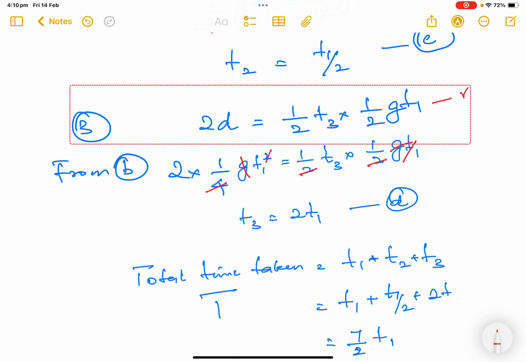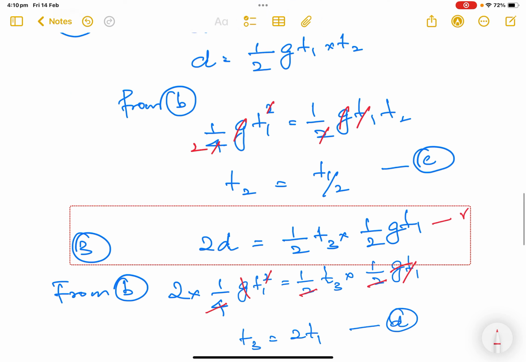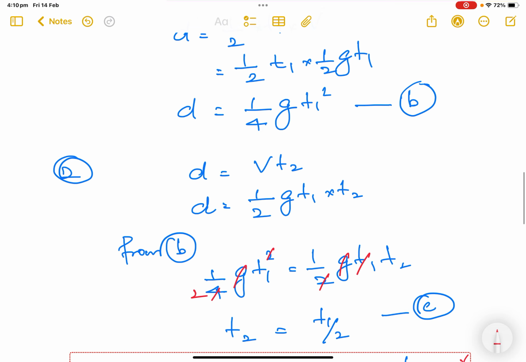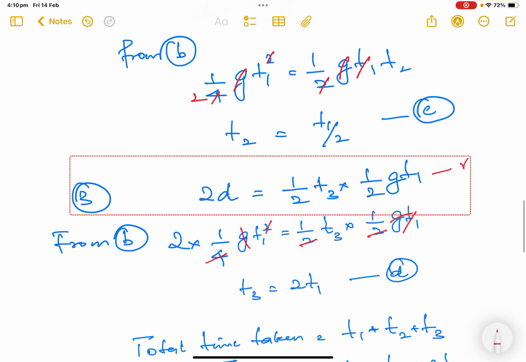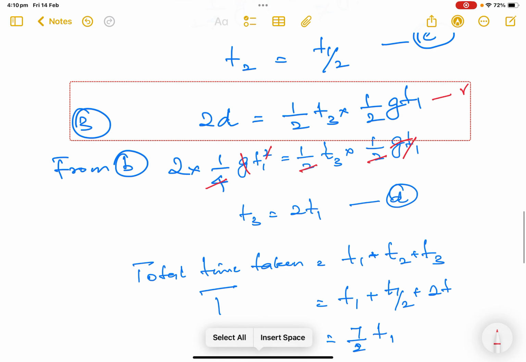So we're just trying to get everything in t1. 2d, again d, we know that d is quarter g t1 squared. So 2 times quarter g t1 squared equal half t3 times half g t1. So the t1 squared cancels, g is gone, and the 2 and 2 are common.